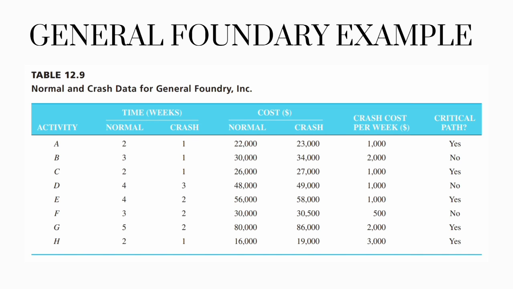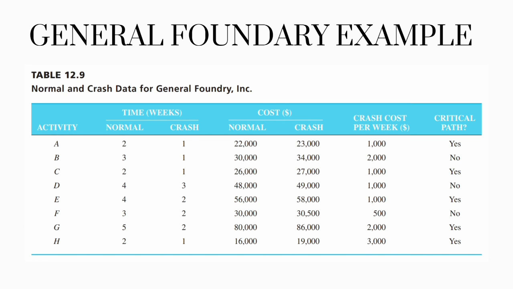This implies that crashing Activity B will cost General Foundry an additional $4,000. Crash costs are assumed to be linear. And as shown in the figure I showed you before, Activity B's crash cost per week is $2,000. Crash costs for all the other activities can be computed in a similar fashion.